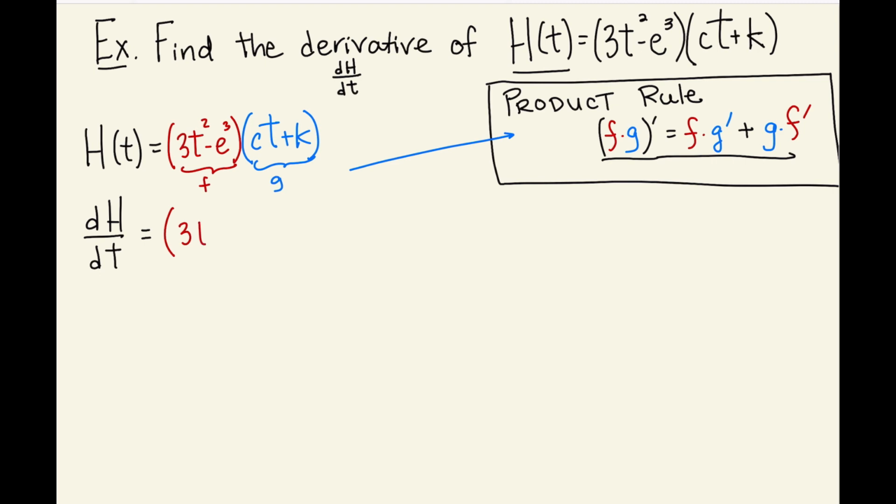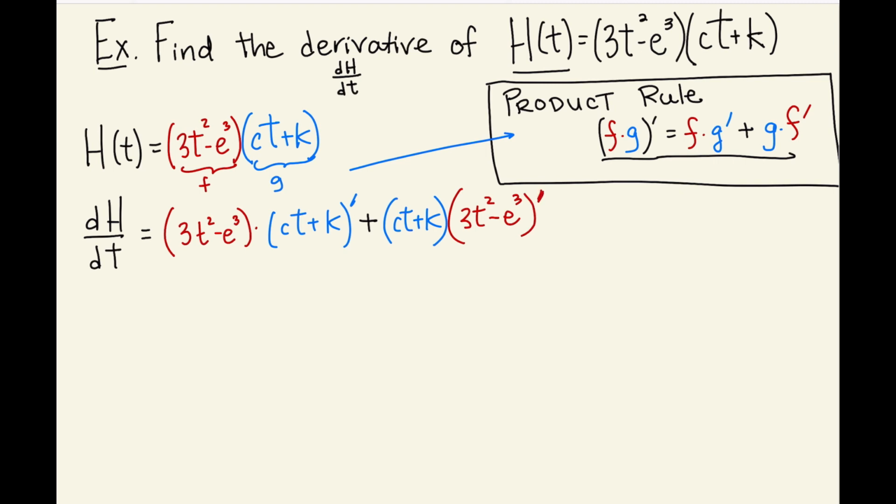So I have 3t squared minus e cubed times the derivative of ct plus k, plus ct plus k times the derivative of 3t squared minus e cubed.